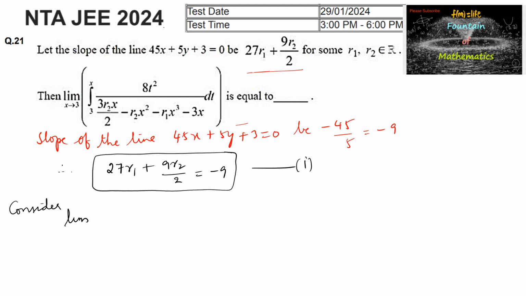And now consider the limit x tends to 3 of the integral. You can see that only the numerator part is with t, and differentiation or integration is with respect to t. So I can take the integral 3 to x of 8t square dt, and the denominator is completely independent of t, so we can separate them.